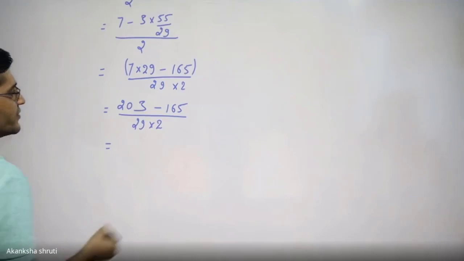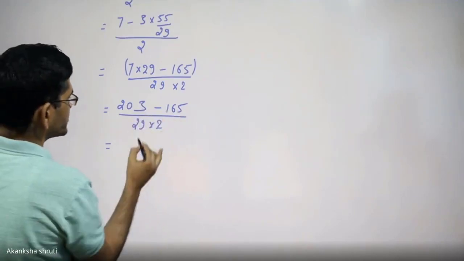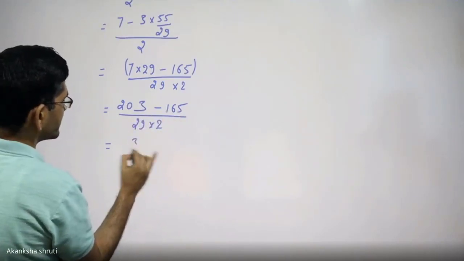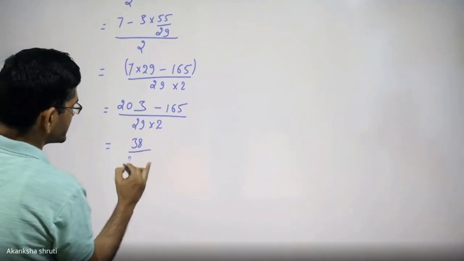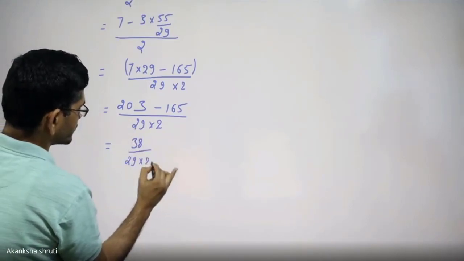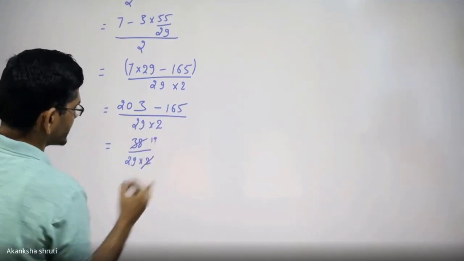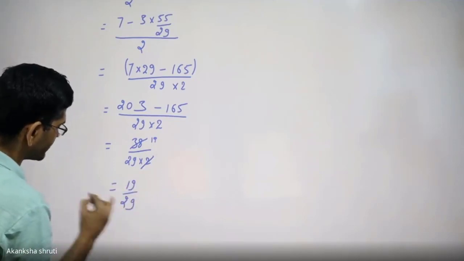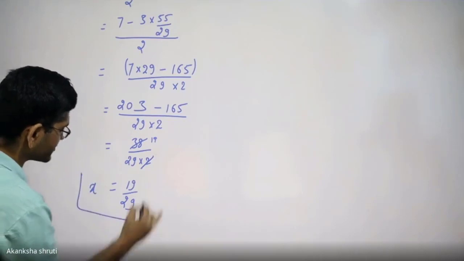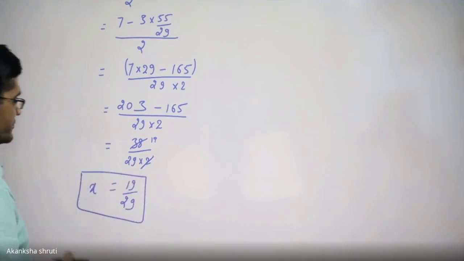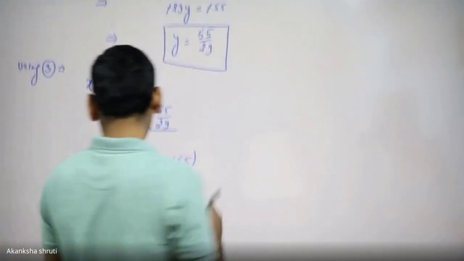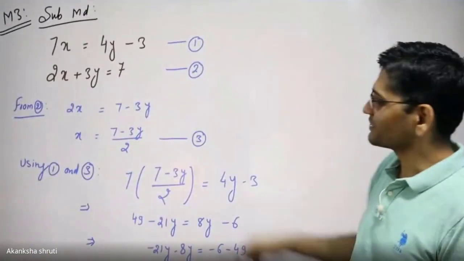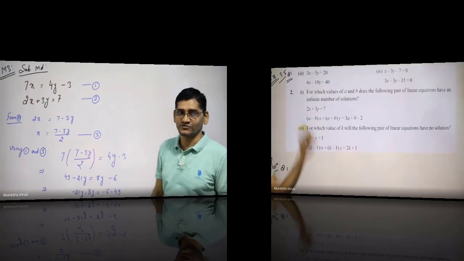This way we will get 38 by 29 into 2. This 2 will get cancelled to this 19 times. So 19 by 29 is the value of x that we have obtained. So this way what we have observed, this substitution method, is the lengthiest one.